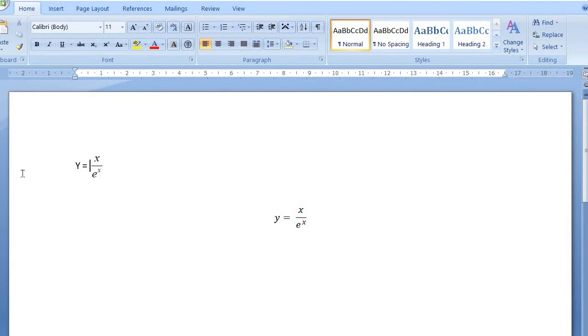Now to solve this, we can let u equal to x. So du dx will be equal to 1. Then let v equal to exponential x.